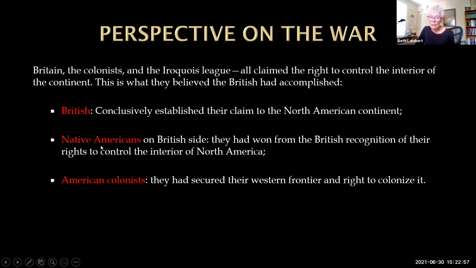The Native Americans who fought on the British side believed they had won from the British recognition of the rights to control the interior of North America, on the other side of the Appalachians. The American colonists believed they had secured their western frontier and the right to colonize it.